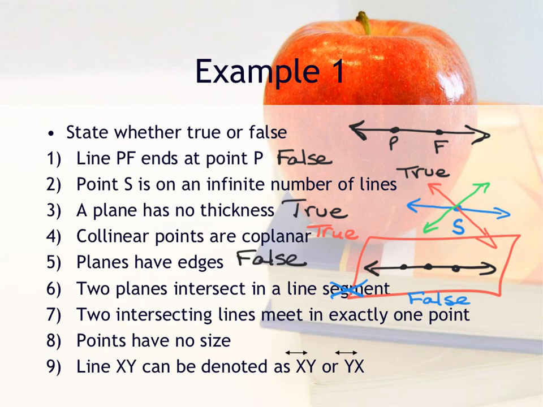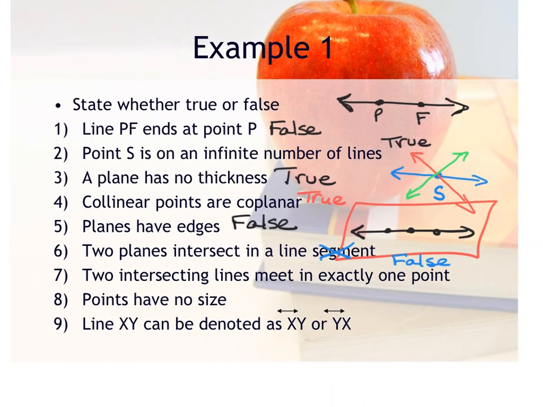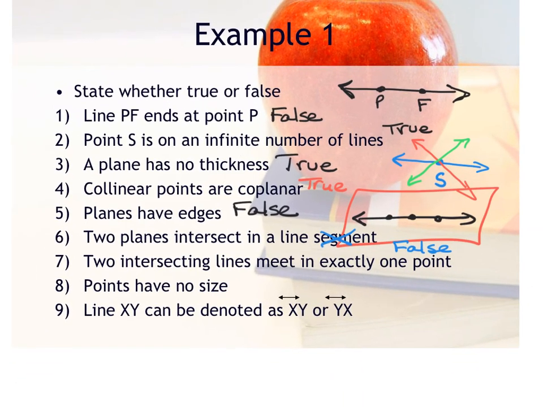So this is why their intersection is a line. Two intersecting lines meet at exactly one point. So let's draw two lines. True.